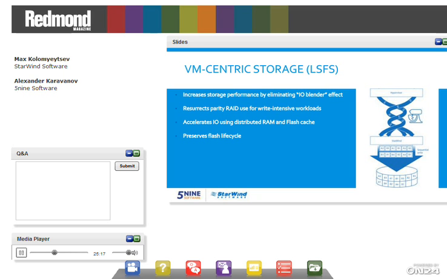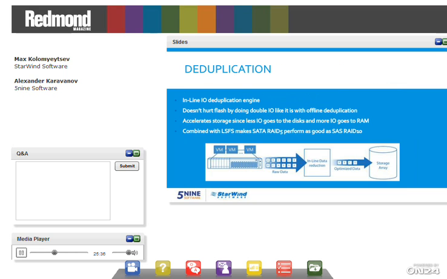I told about deduplication. I want to talk a little more about it. So the idea is to combine our log structuring with inline I/O deduplication. So StarWind does not use the same storage array twice for writing the data and then dehydrating the data and writing it back in the dehydrated state.